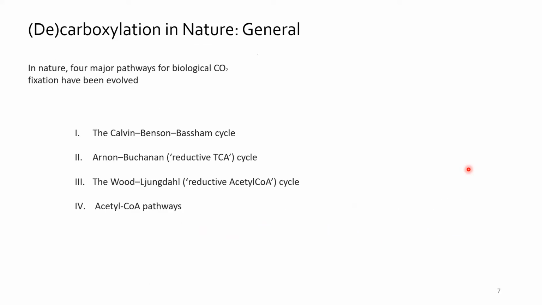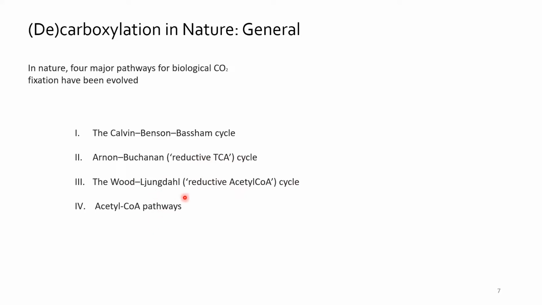And in general, you just saw some examples for decarboxylation in nature. There are in general 4 major pathways for the fixation of CO2, which you can see here, which is first the Calvin-Benson cycle, then the reductive TCA cycle, the reductive acetyl-CoA cycle, and also acetyl-CoA pathways.